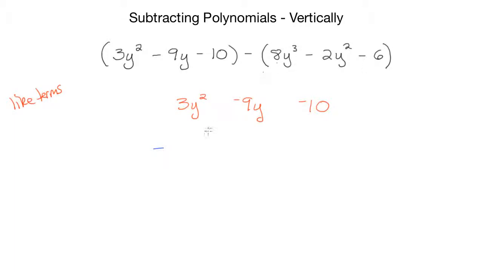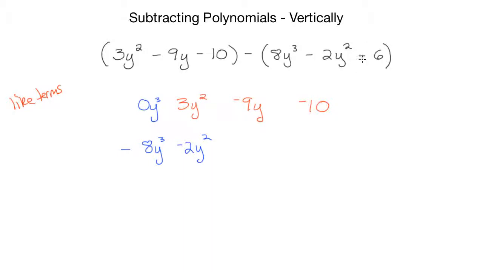Now this y cubed, I'm not going to line it up underneath the y squared, so let's actually move the subtraction sign to the left, put a 0 up here because there is no y cubed term, but underneath that I'm going to subtract 8y to the third. Alright, now I've got 8y to the third, I've also got negative 2y squared, so let's put my negative 2y squared under there.